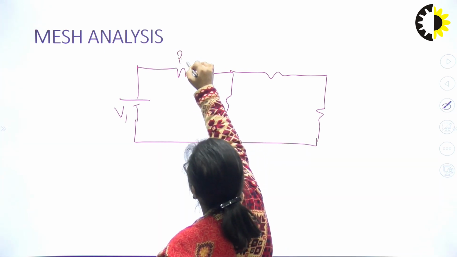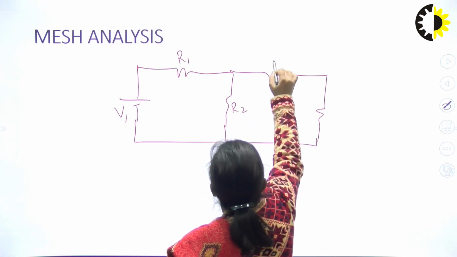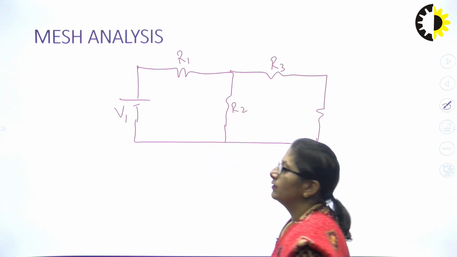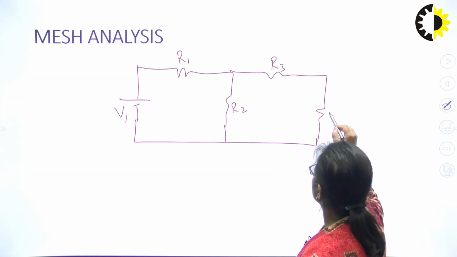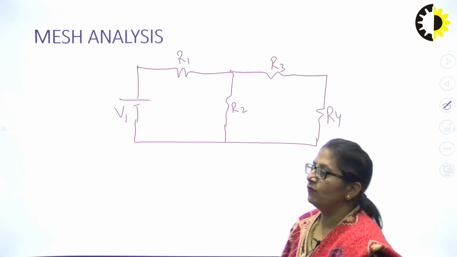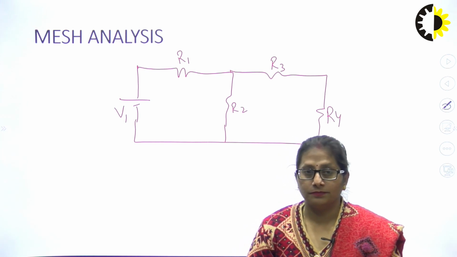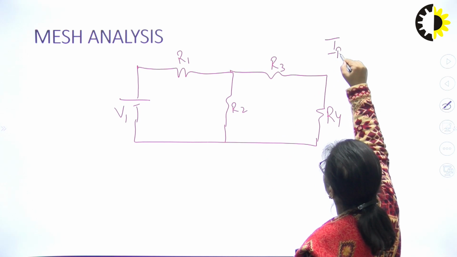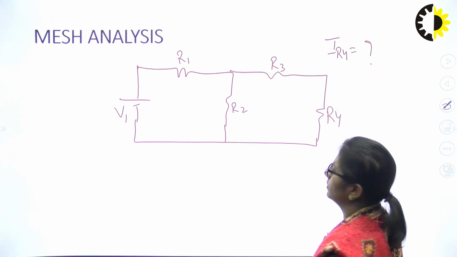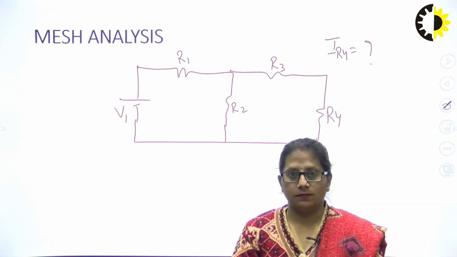This is some R1, this is some R2 and this is some R3. And this is R4. The question being asked is, find the current flowing in R4 using mesh analysis. How to proceed with this?